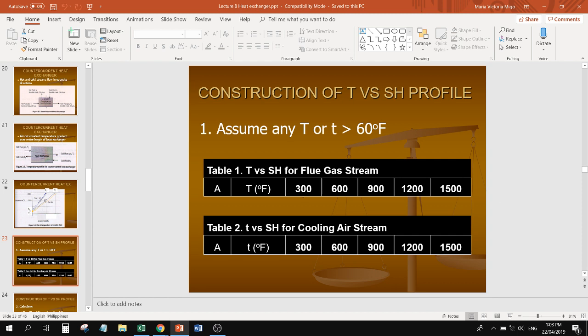We do the same with the working fluid; we also assume different temperatures. This would depend on you.